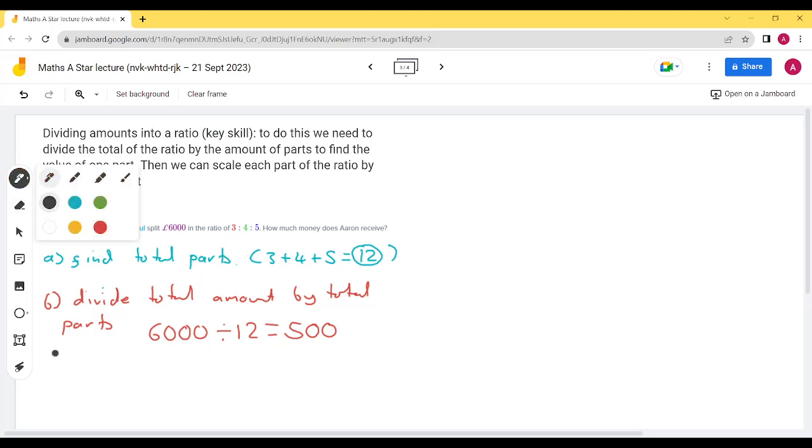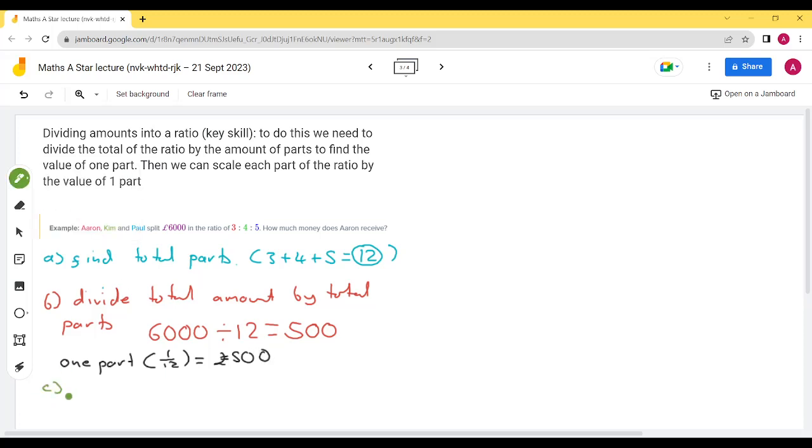So what we know from this is that one part, really 1/12, equals £500. Now we've done this, we can multiply Aaron's parts by the scale factor.